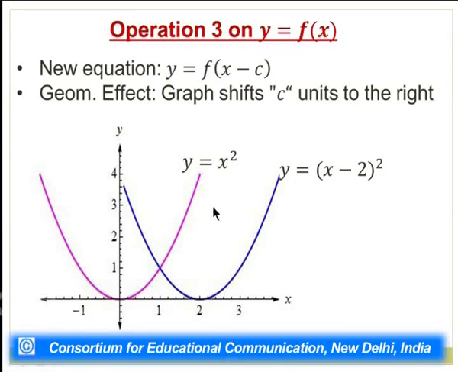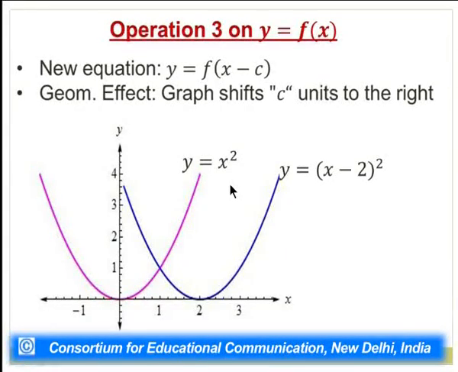So for example, if I have y equal to x square, and I want to obtain the graph of y equal to x minus 2 the whole square, it is nothing but the original graph of x square shifted 2 units to the right.